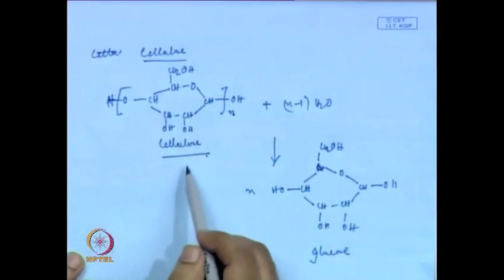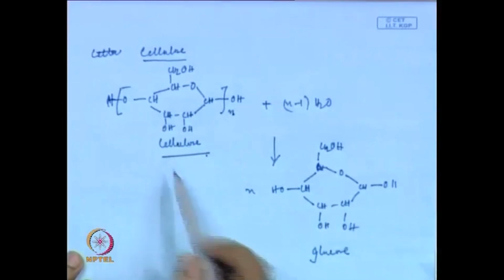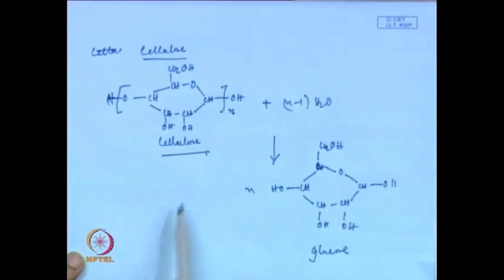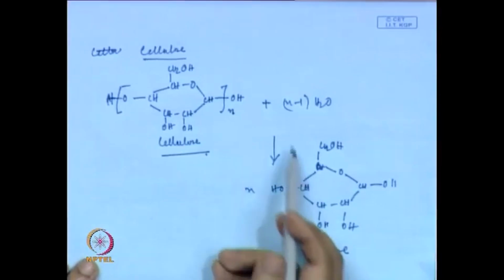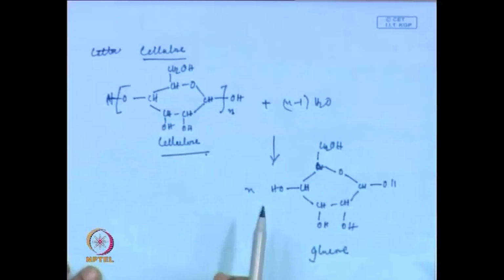So, though this is a natural polymer, you can imagine a monomer like this from which they are formed, and because you hypothesize that these are formed through a condensation reaction, most of these natural polymers are classified as condensation polymers.